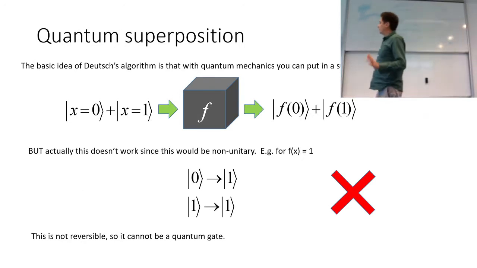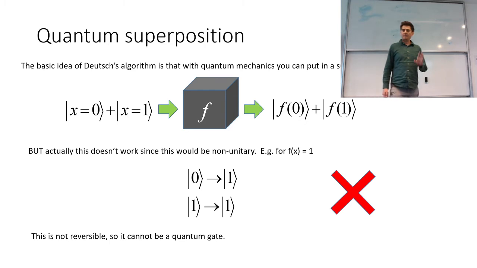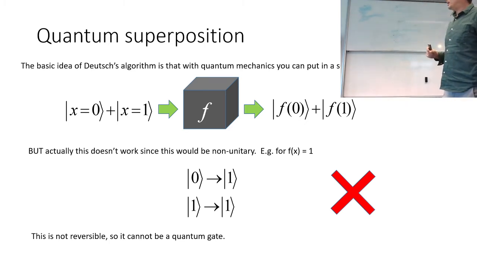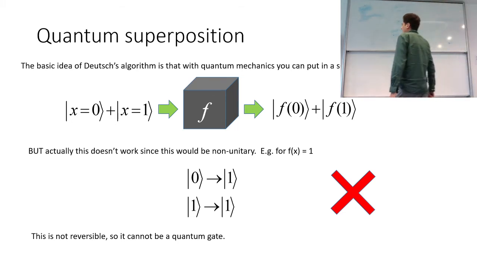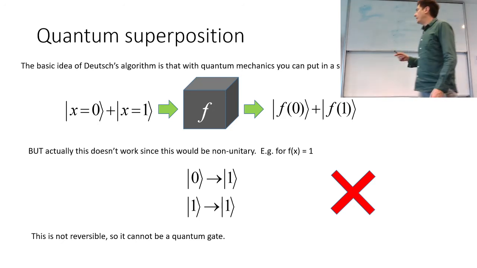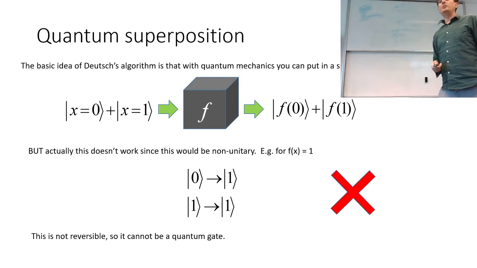Okay. So basically, the idea of this whole algorithm, and the trick that we're going to use in order to show that it's possible to calculate the output faster in a quantum computer, is that we're going to use this idea of superposition, right? Because in quantum mechanics, you're allowed to put in a state like this, right?